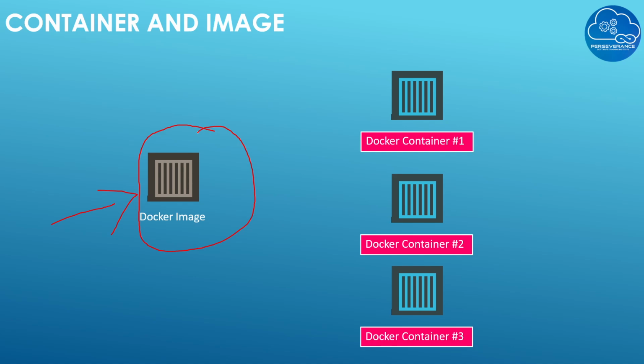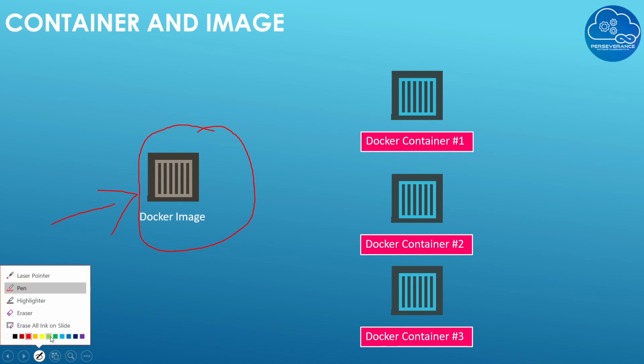A Docker image is a template where we define all the dependencies and even the application itself, and using the image we create a container. Without an image we cannot create any container. Just keep that in mind.